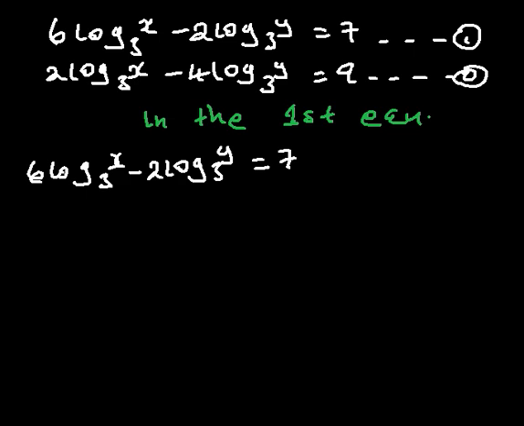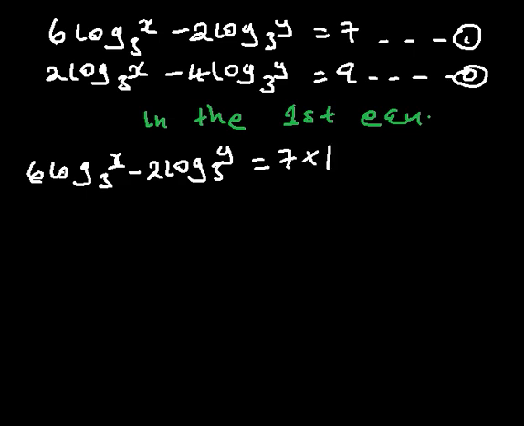In this case, we have 3 terms in the equation. This is the first term, the second term, and this is the third term. We have to express all those terms as logs. Keep in mind that 7 is the same as 7 times 1.